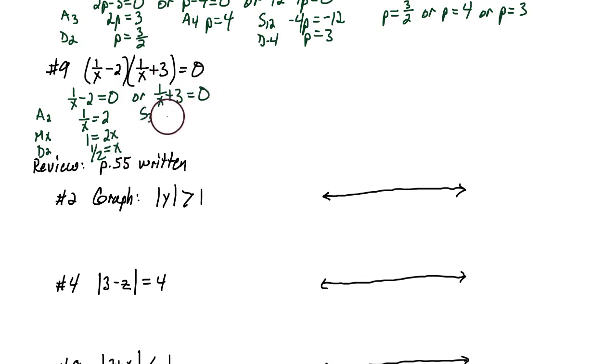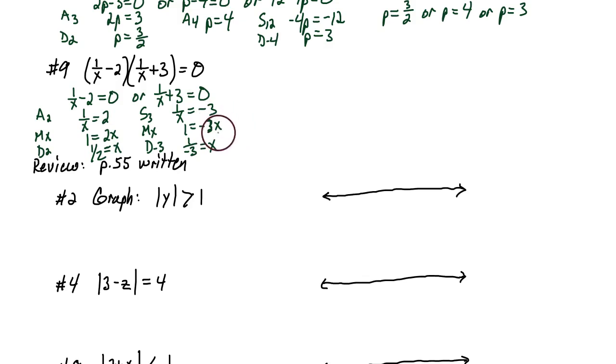Let's subtract 3 from both sides. We get 1/x equals -3. Now multiply by x. So we get 1 equals -3x. And then divide by -3. So we get 1/-3 is equal to x.